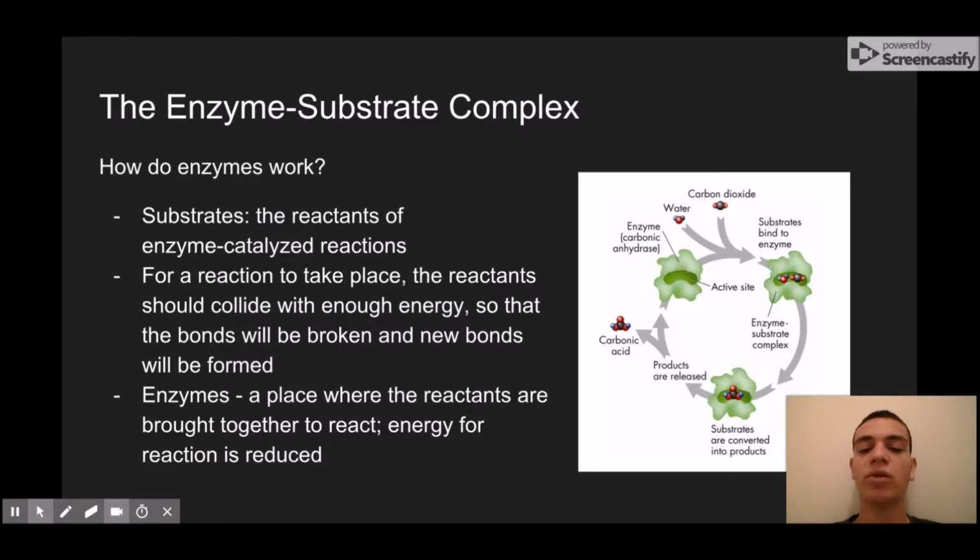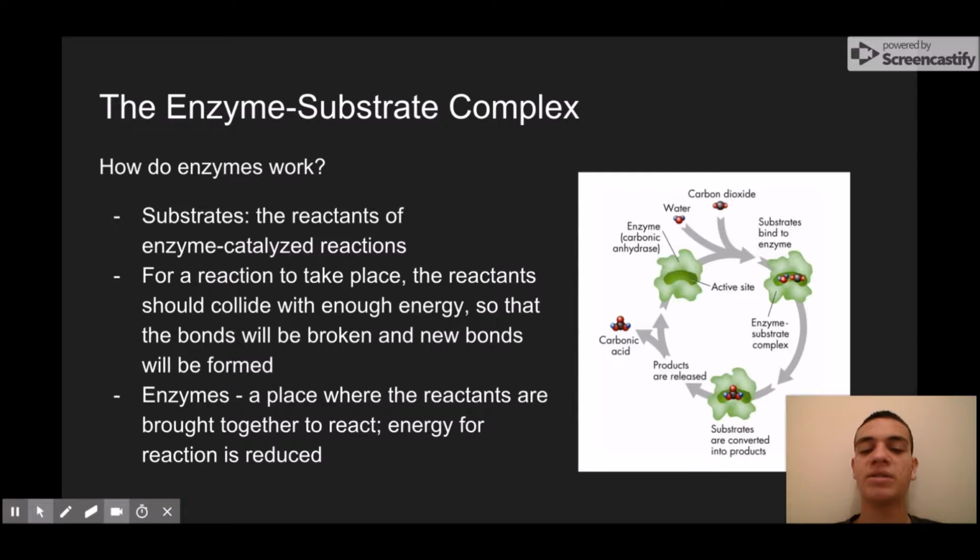Now, this is all really good, but how do enzymes work? For a reaction to take place, the reactants should collide with enough energy so that the existing bonds will be broken and the new bonds will be formed.